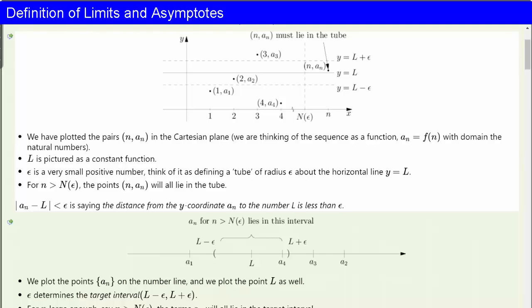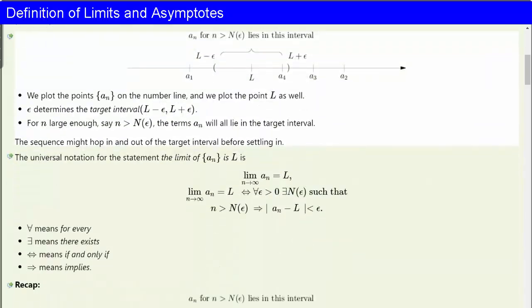Here is a second and more common way to picture the limit of a sequence. Here we plot the points a_n on the number line, and we plot the point L as well. Then the number epsilon determines the target interval L minus epsilon to L plus epsilon, an interval of length 2 epsilon centered on L. The statement that the limit of a_n is L means that for n large enough, that is n beyond some capital N that depends on epsilon, the terms a_n will all lie in the target interval.